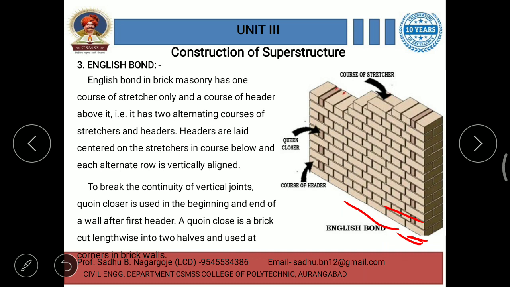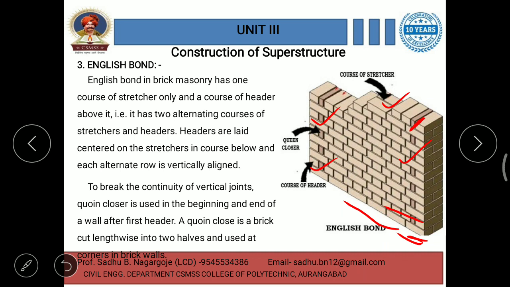You can see here the queen closures. Here a course of header and a course of stretcher is provided. Again, at both ends of the wall there are queen closures.